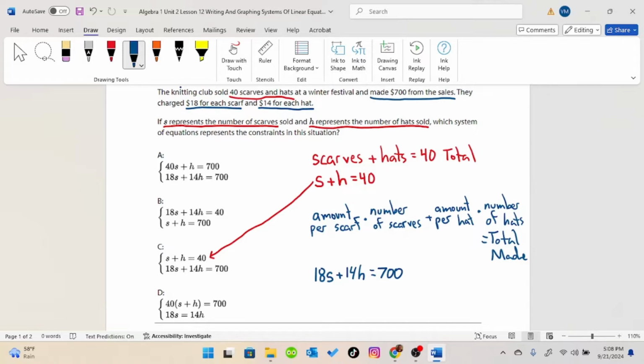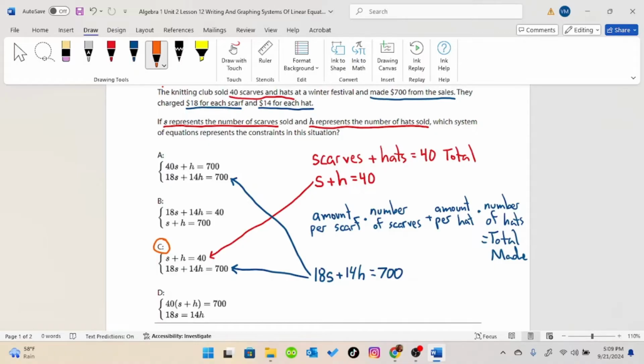And we see that on A, and we see that on C. So the only choice that has them both correct is choice C. Choice A only has one of the correct equations.